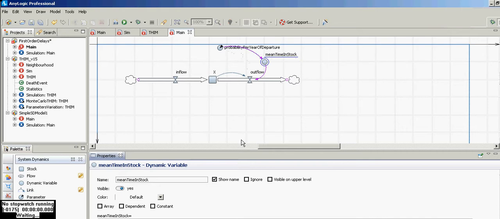The formula for the outflow in one case is alpha times X, right? 10% per year times the value of the stock: 1,000 people at risk, 10% per year leave. The average number leaving per year is 100 per year. 0.1 times that, right?